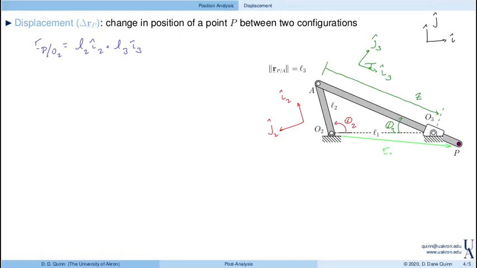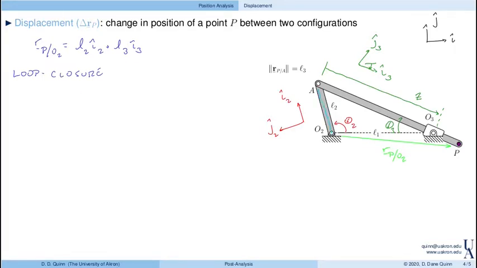If we're asked for the displacement of P, essentially it's the change in this vector. But just like before, we need to go through and determine the loop closure equation. And that is different. That's going to be this vector equation.